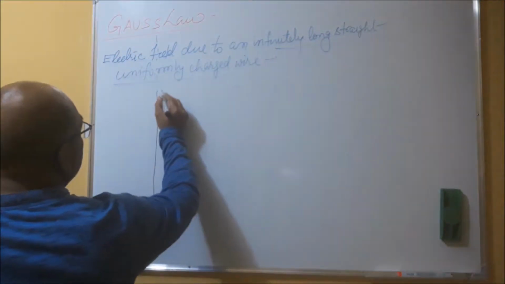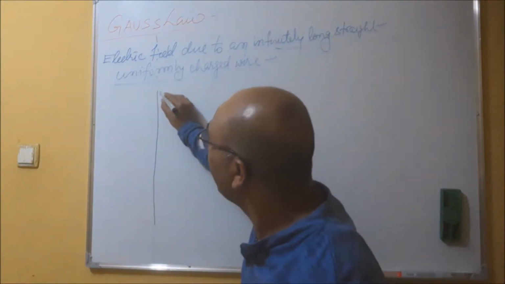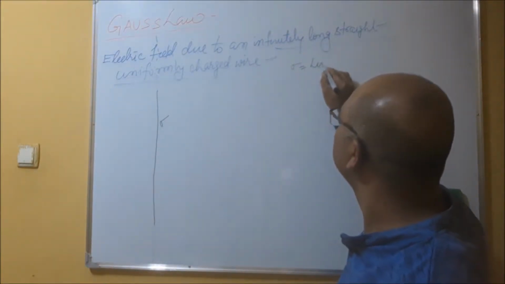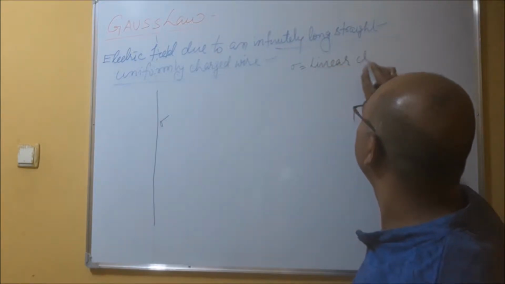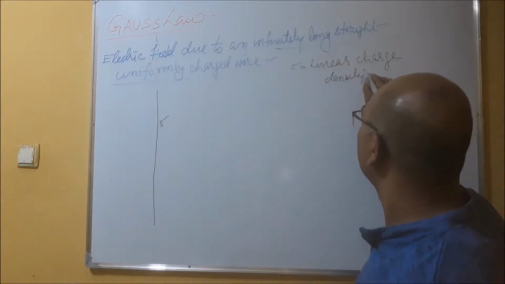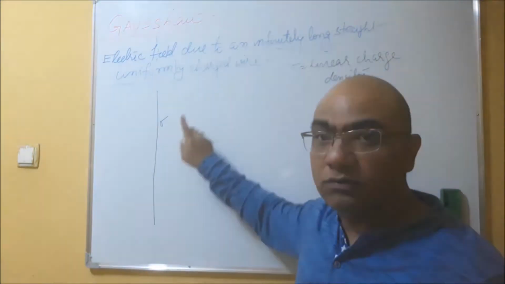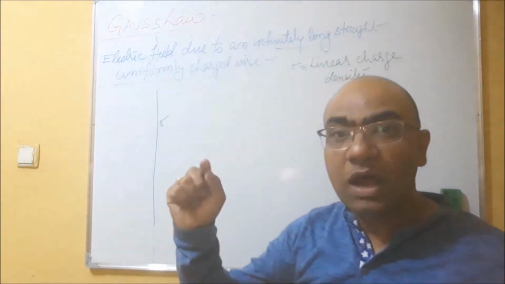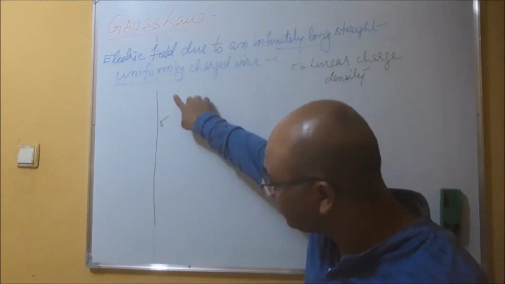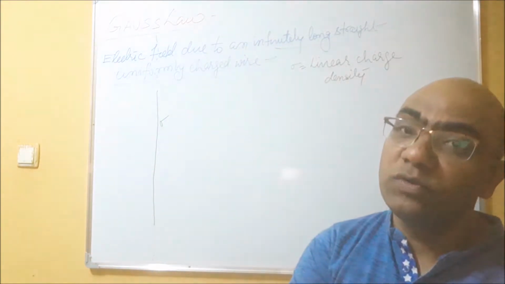So for this wire I am writing sigma, and sigma is the linear charge density. Sigma means charge per unit length. So for this infinitely long straight continuous wire, we know the value of charge per unit length.